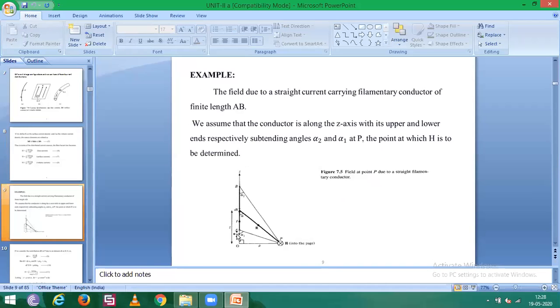We have a current carrying conductor of length L, carrying current I along the Z direction, extending from point A to point B. If I am to calculate the magnetic field at a distant point P, then first I'll have to take a small length dl, which will act as a current element IdL.